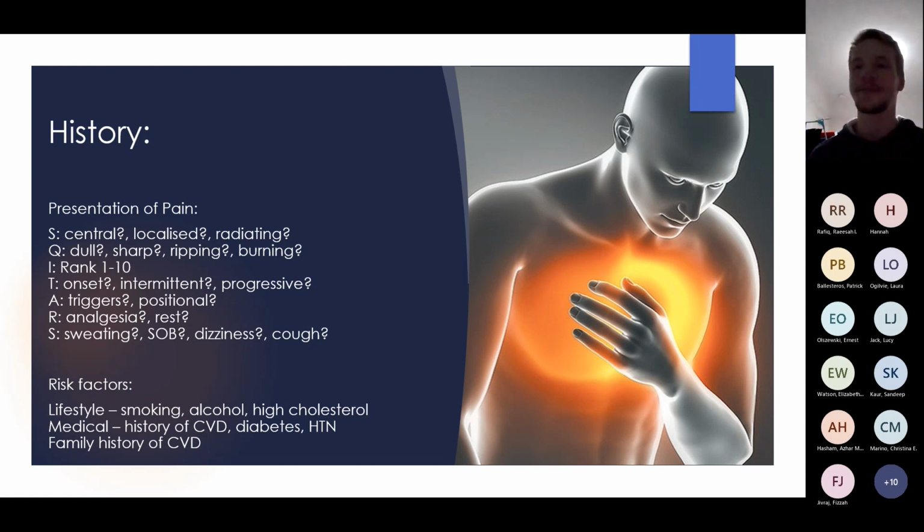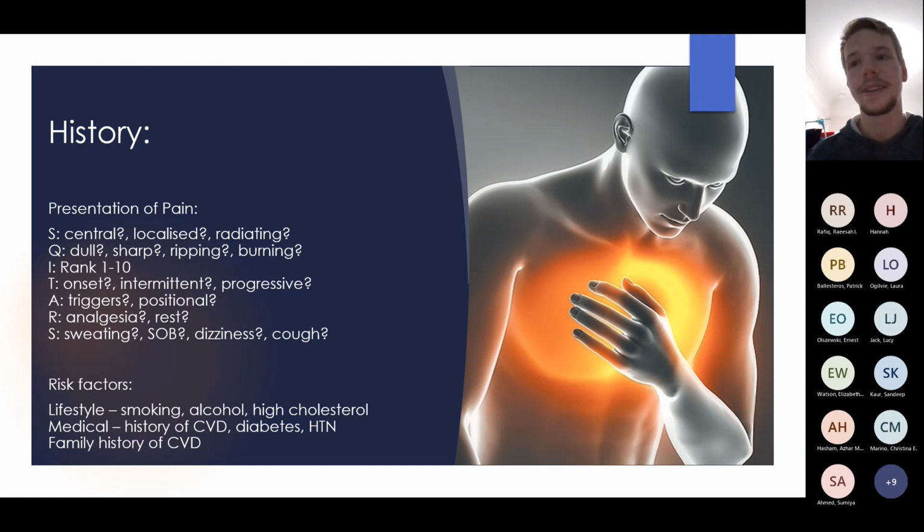Yeah, so radiation, that's quite a big point, especially with cardiac-like pain, because that can often radiate. And ask them where the pain actually is and ask them to point to it.